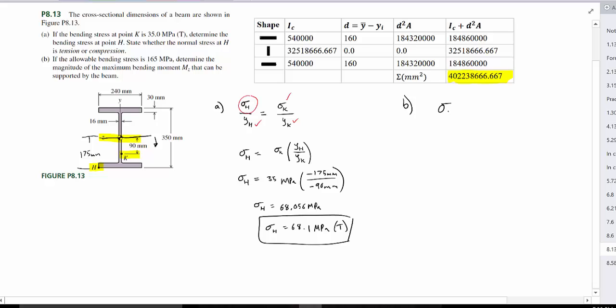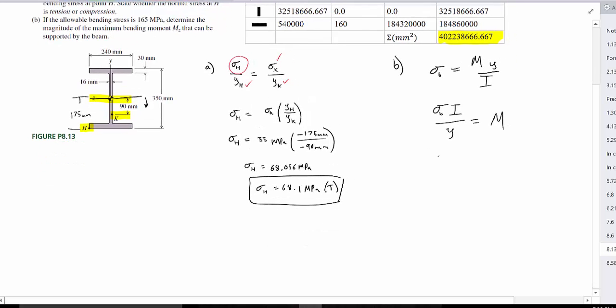Knowing our formula, our bending stress equals M multiplied by y divided by I. Solving this for M, you get sigma sub b multiplied by I divided by y, and that will equal our moment.